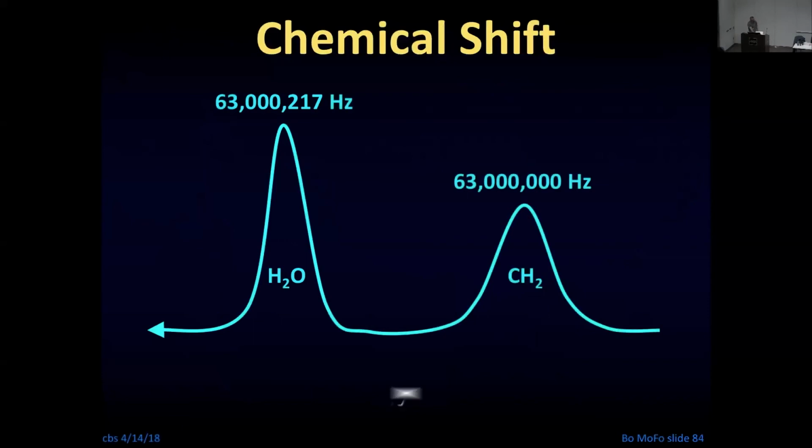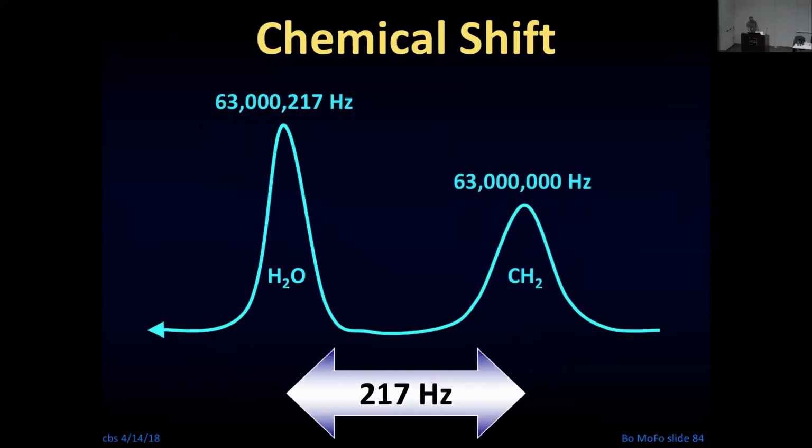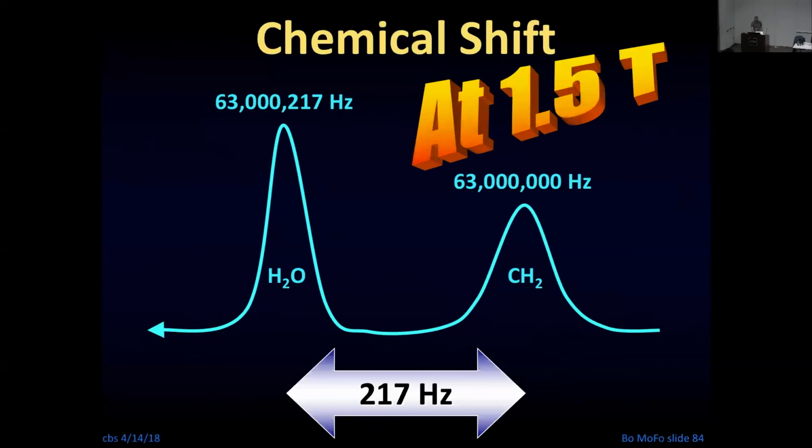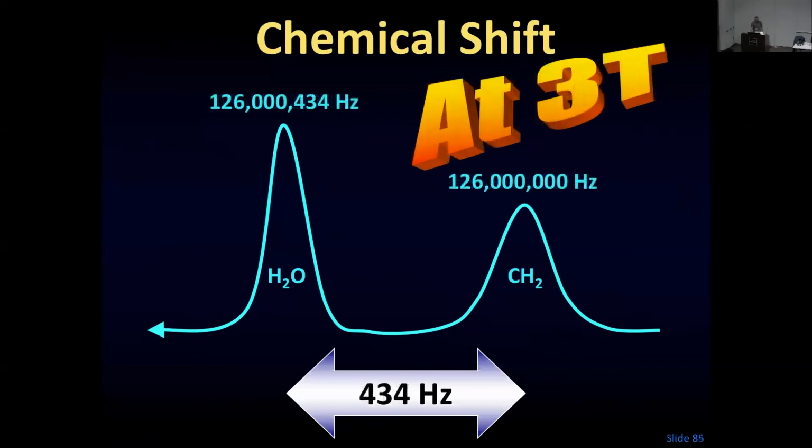At 1.5 Tesla, the protons in fat precess at about 63 million hertz, and the protons in water precess at 63,217 hertz more. So the difference is only 217 hertz, and then at 3 Tesla, it's twice as much.